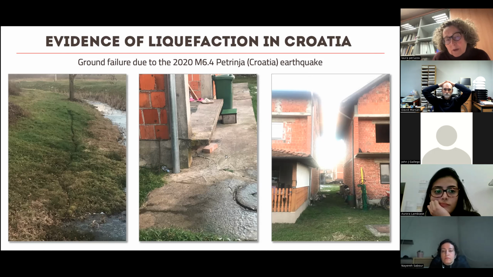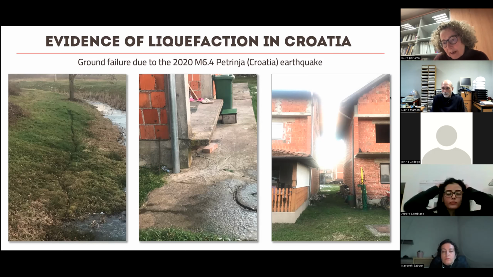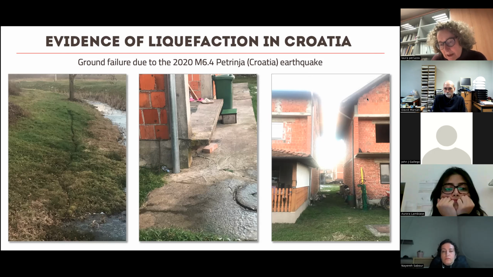So this goes also in the direction of saying that if we do not improve simultaneously our knowledge about the local site conditions and the knowledge of the vulnerability, we will never have a realistic model of the real damage that we can expect.